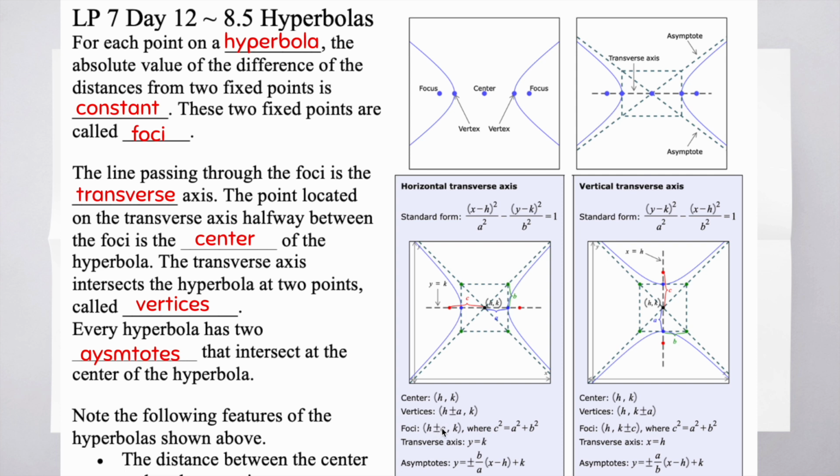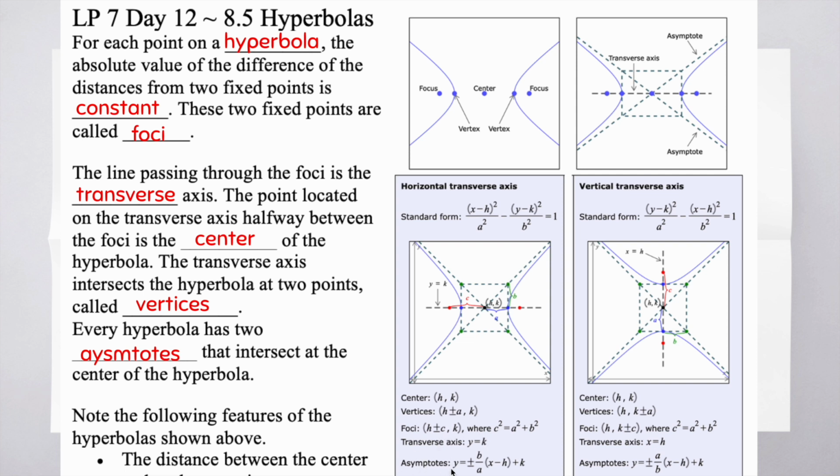The foci, that's that c, so it's h plus or minus c with a k, because we go just a little bit farther than the vertices on that one. And to find c, we can use the Pythagorean theorem, a squared plus b squared equals c squared. Our transverse axis is y equals k, so whatever k is, it's just a horizontal line right across here, if it's a horizontal hyperbola.